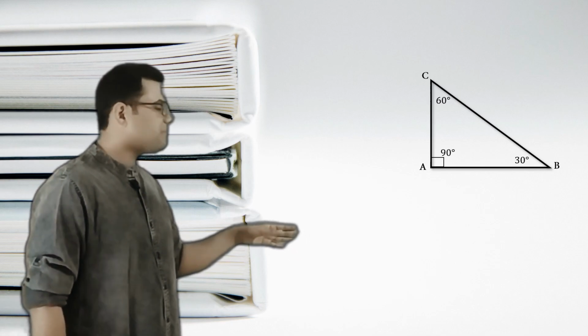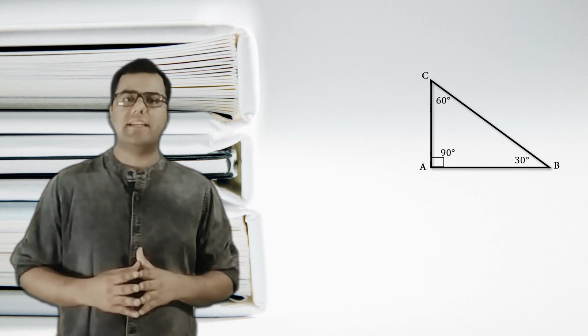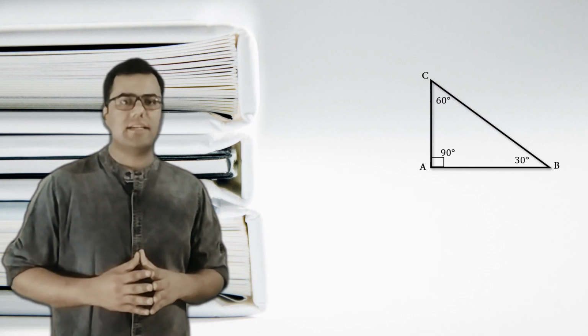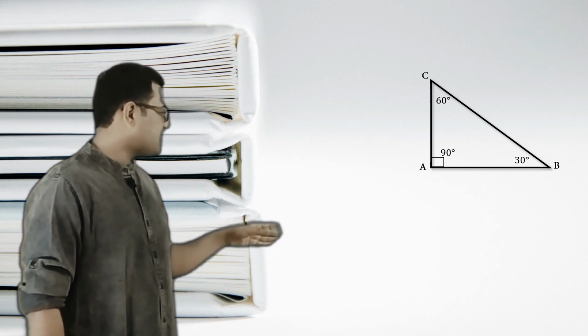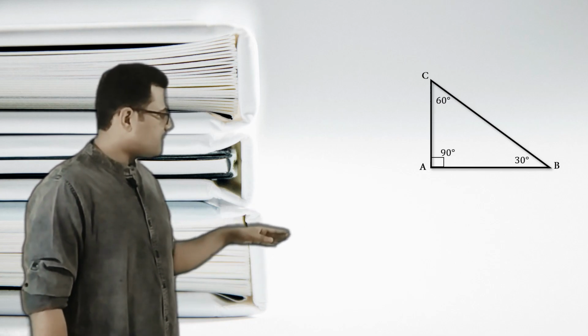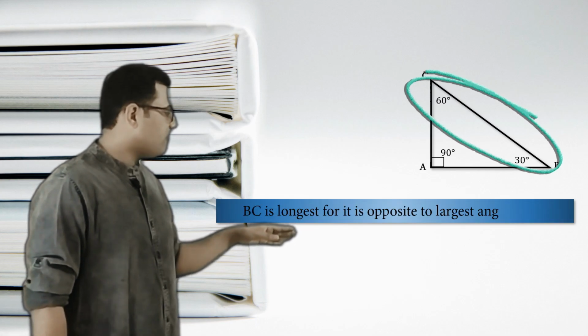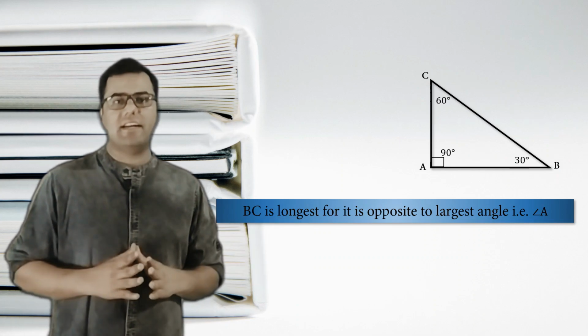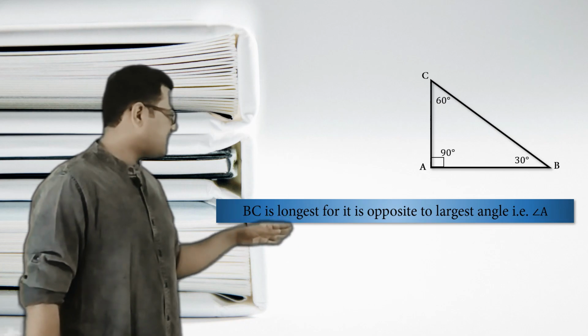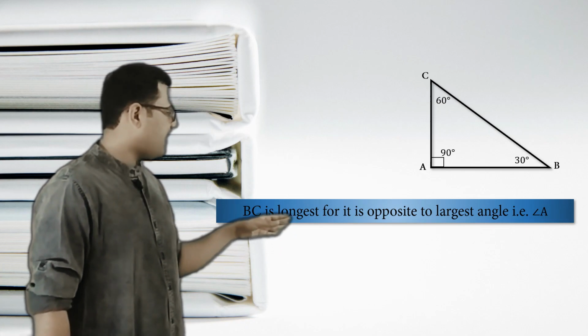There are three sides, and now we want to know which side is the longest and which side is shortest. As I've told you, the side opposite to the largest angle is longest, and hence it means that the line BC, which is opposite to the largest angle 90 degrees, must be greatest in length.